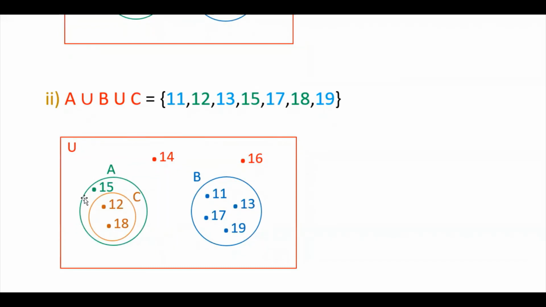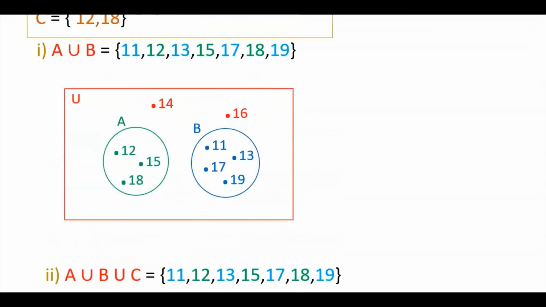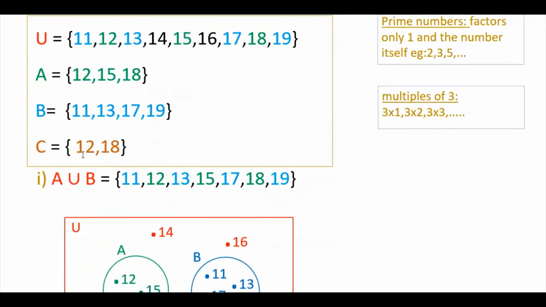First draw the circle for the A set. The elements are 12, 15, 18. B set elements are 11, 13, 17 and 19. And again the C set elements are 12 and 18. Here C is a subset of A because all the elements 12, 18 are elements of A also.